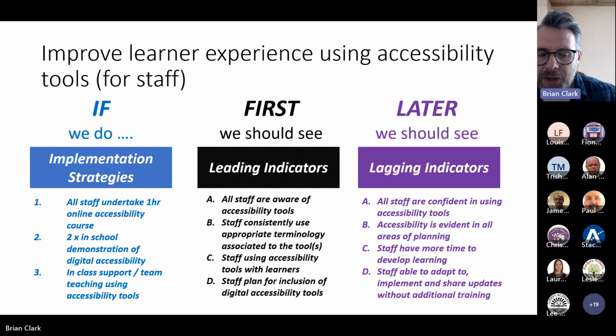So to give this a bit of context, I've taken a bit of inspiration from a previous session that we did around this. One group of people narrowed down their improvement focus for this next little while to the learner's experience with accessibility tools. And then we got to think about what that means for staff and what that means for learners.